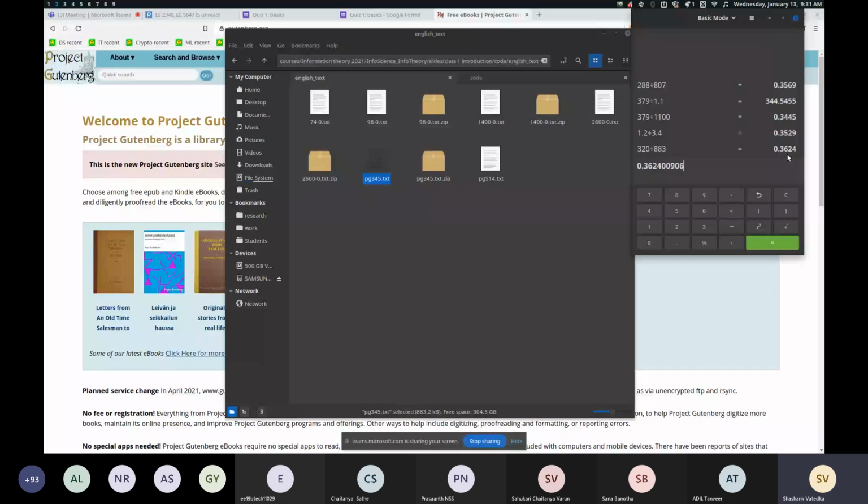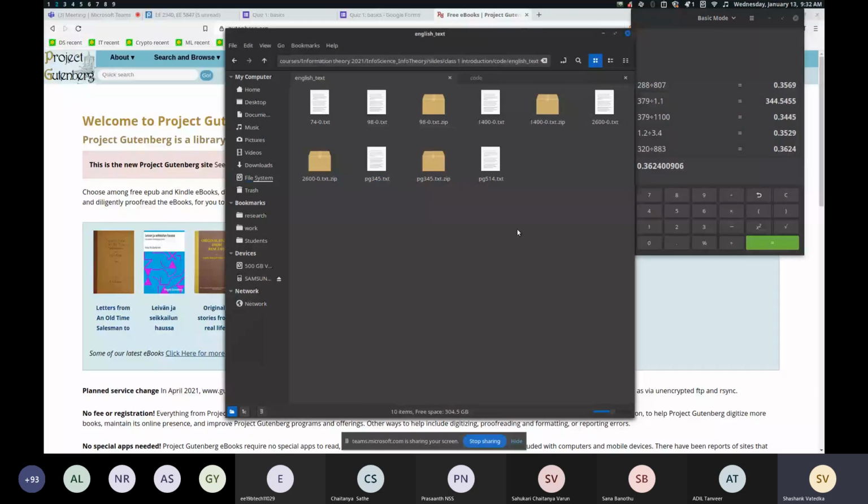So every 1,000 bits of English text contains roughly 360 bits of useful information, right? And that is because there is a lot of redundancy present in the English language. So this is one particular experiment.